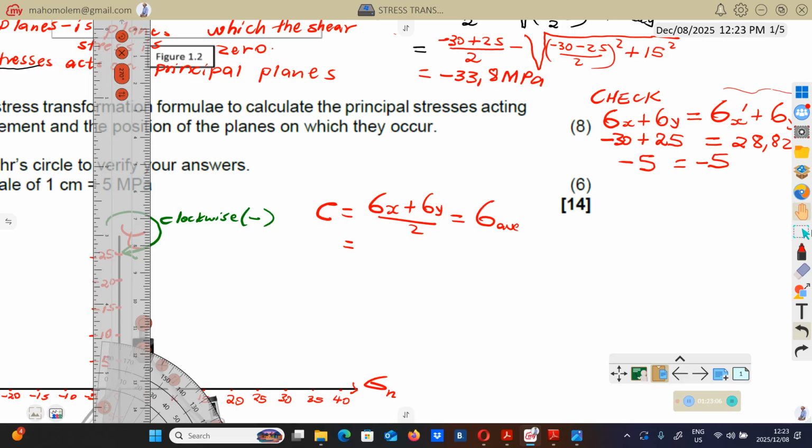Then you will have -30 plus 25, divided by 2, which is -2.5.